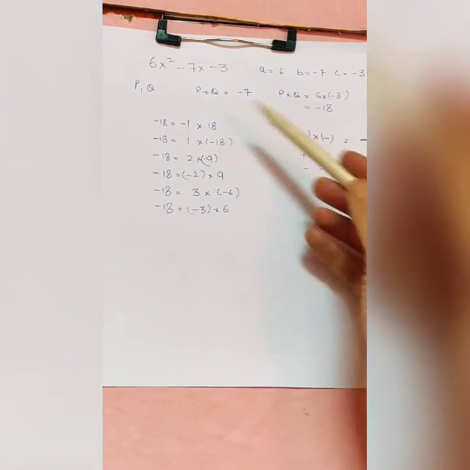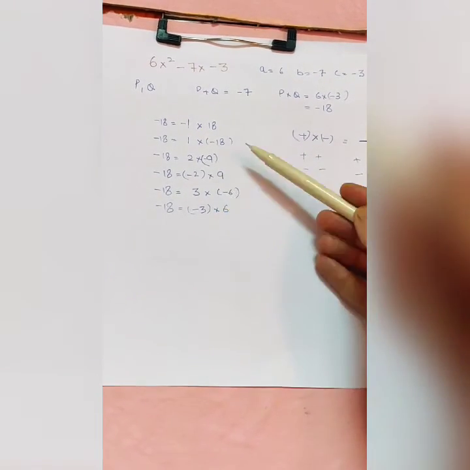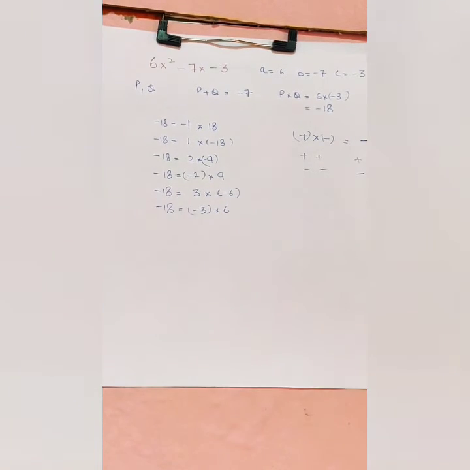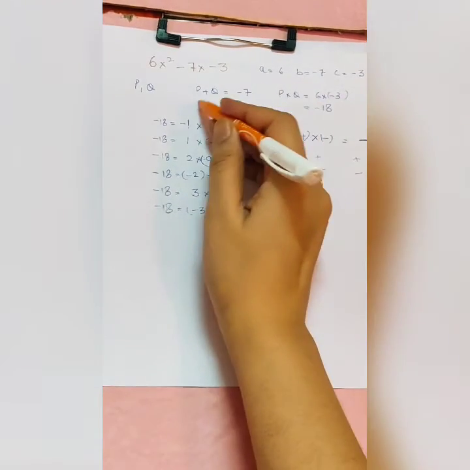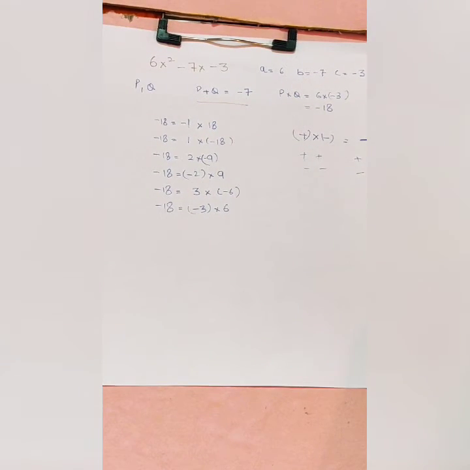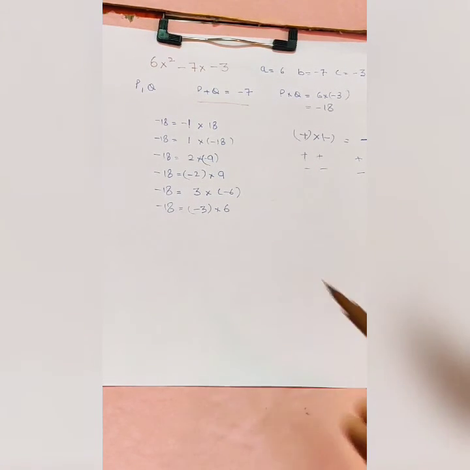So out of these 6, we have our P and Q. Now how to decide our P and Q? We have to decide them in such a manner that after adding we get minus 7. Now let's keep on eliminating the possibilities.